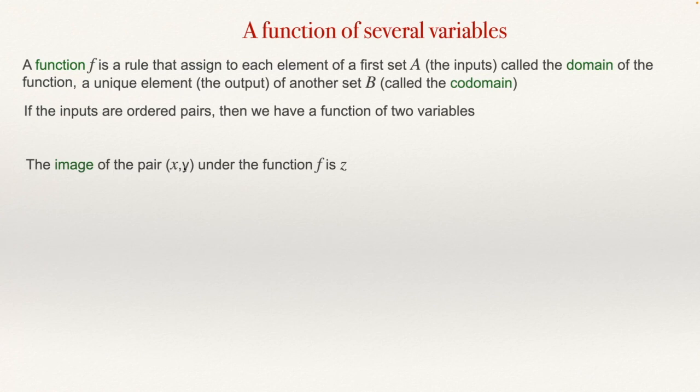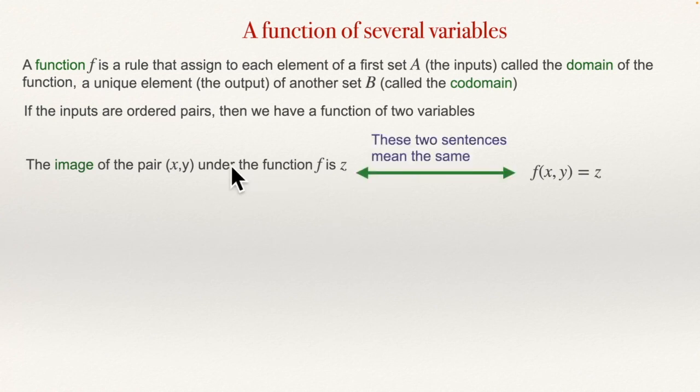So for example, if this is a pair x, y, and the image of a pair under the function f is a number z, then we can write f of x, y equals z. So the meaning of this is the same as this. To say that the image of the pair x, y is z under the function f means that f of x, y equals z. And we're going to be using this symbol. So remember, when we are speaking about only one variable, we say f of x equals y, for example.